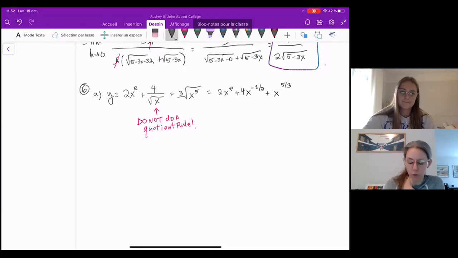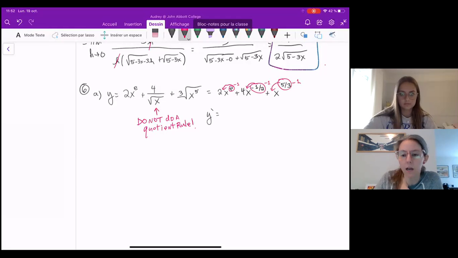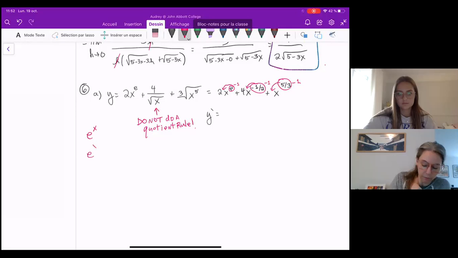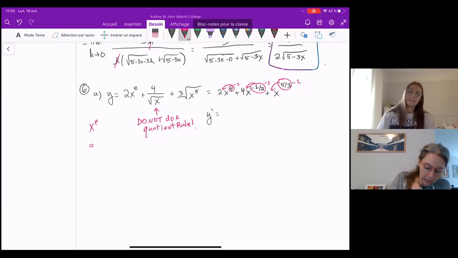Good. Now, each of these is just a simple power rule. I'm going to bring the e down and subtract 1. I'm going to bring the negative 1/2 down and subtract 1. And I'm going to bring the 5/3 down and subtract 1. This is x to the e, not e to the x. So there is a difference between x to the e and e to the x.